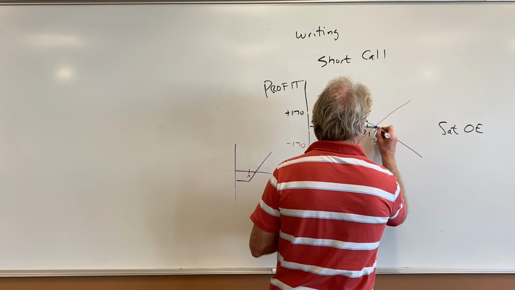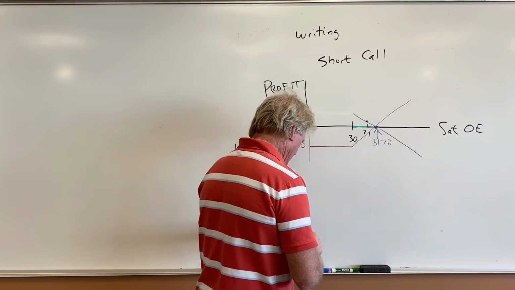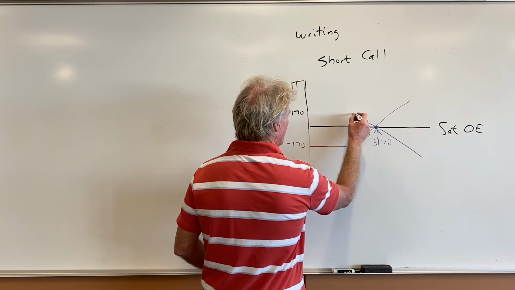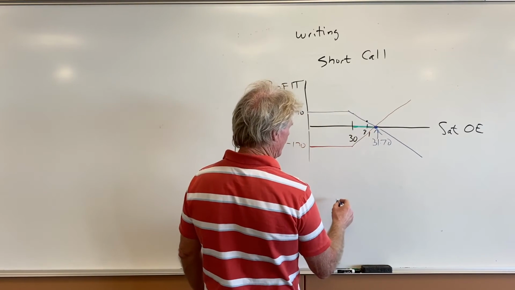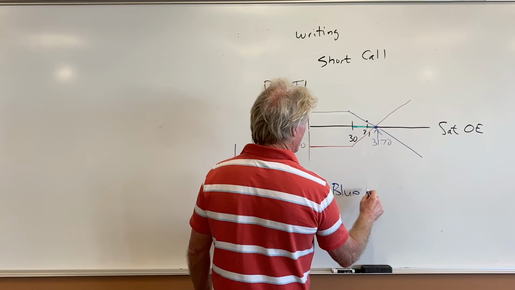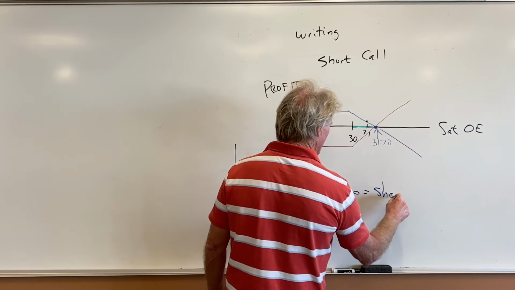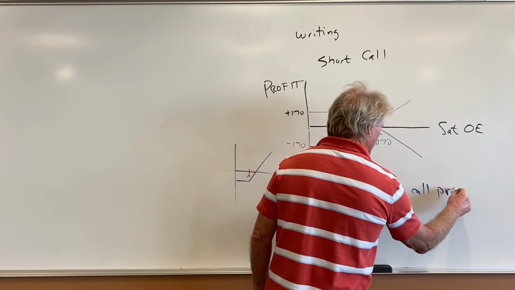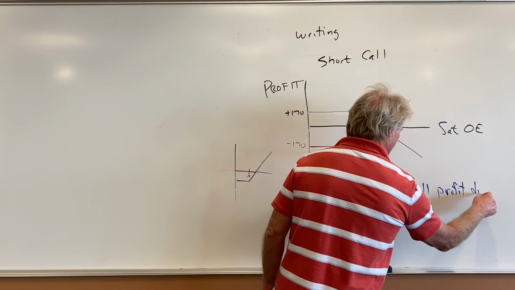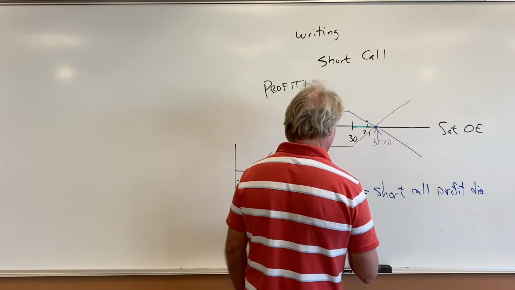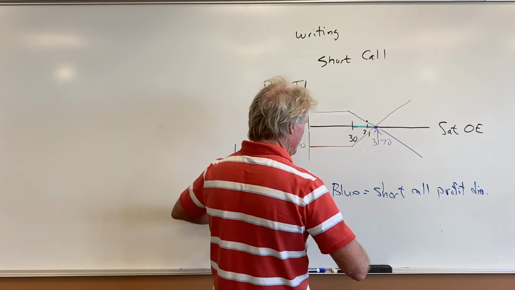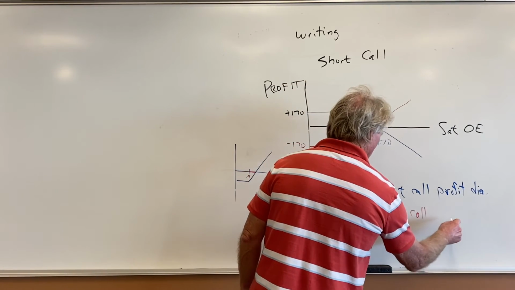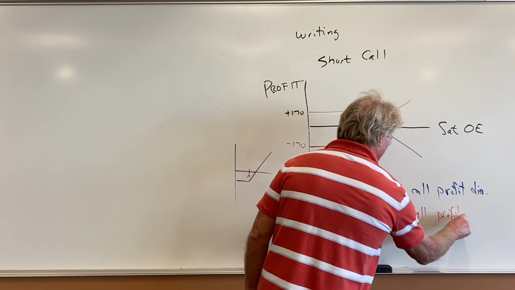I'll keep my axes in black, and I'll put the profit diagram for the short call all in blue, so that blue equals short call profit diagram, and red equals long call profit diagram.